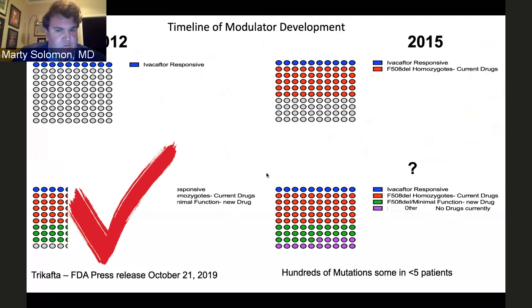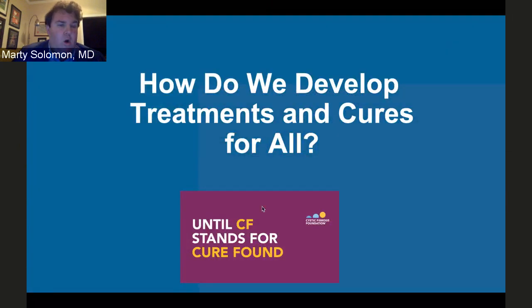But going into the future, we know that there are still patients that have hundreds of different mutations, some in less than 5 patients, for which there are currently no drugs which work to correct the CFTR protein defect caused by those genetic variants. So that brings us to a question: how do we develop treatments and cures for all?